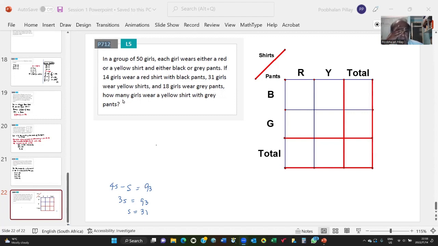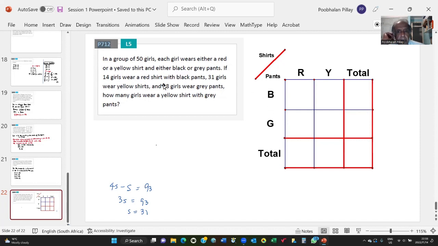It's quite a mouthful. But there's a very nice strategy to solve a problem like this. What you do is you say, okay, now you got 50 girls altogether, and each girl wears either a red or a yellow shirt. So let's put the shirts along the horizontal, red or yellow. And down this way, you work out the pants.